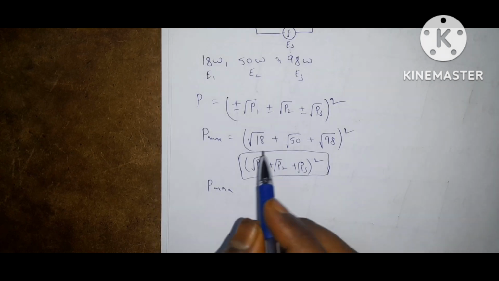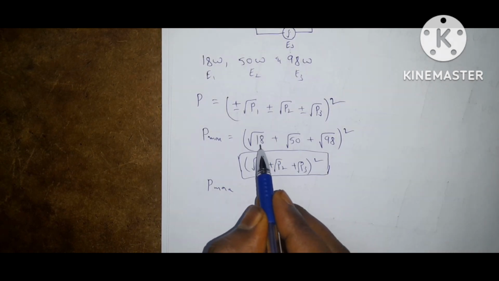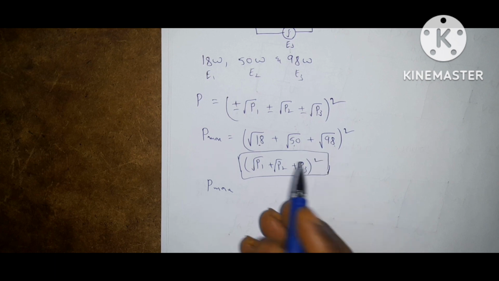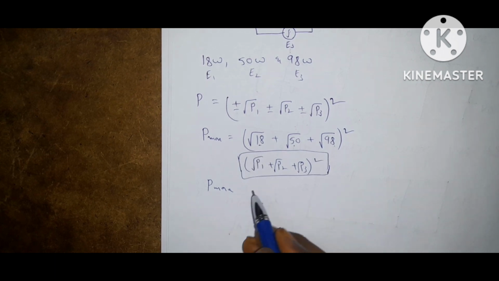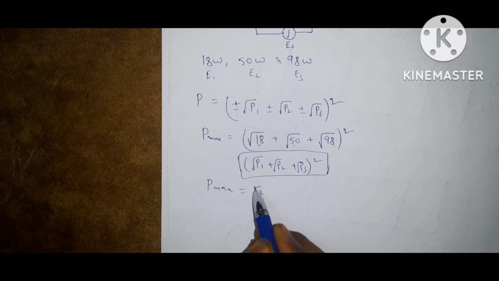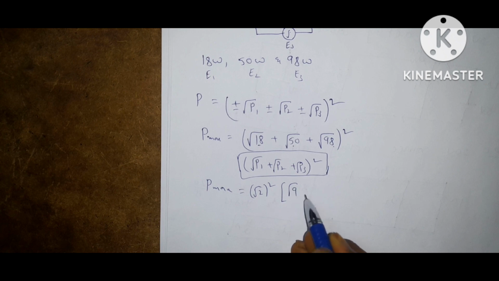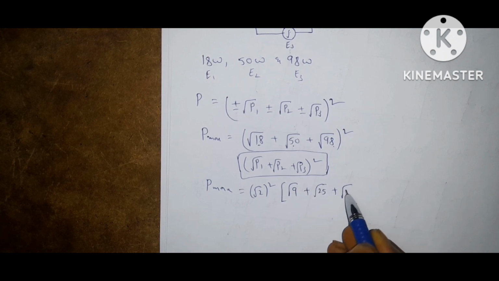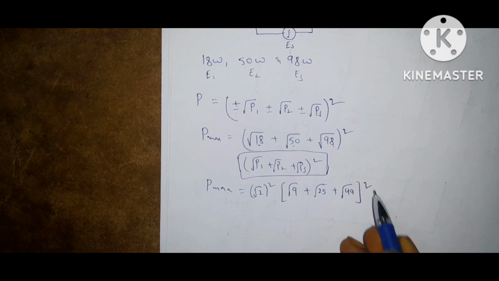Take common 2 here, so that is root 2 whole square into root 9 plus root 25 plus root 49 whole square.